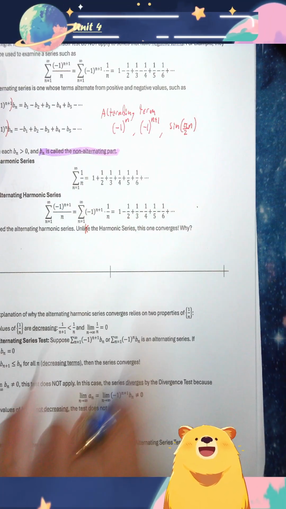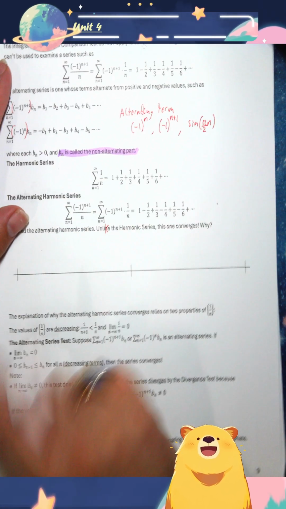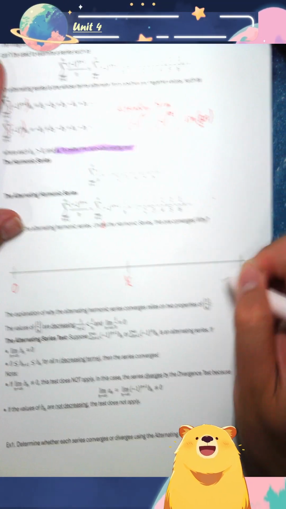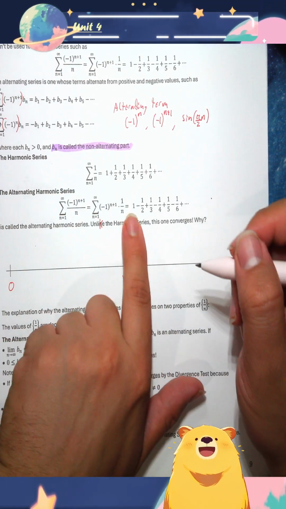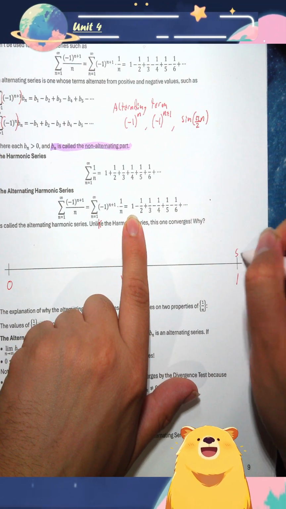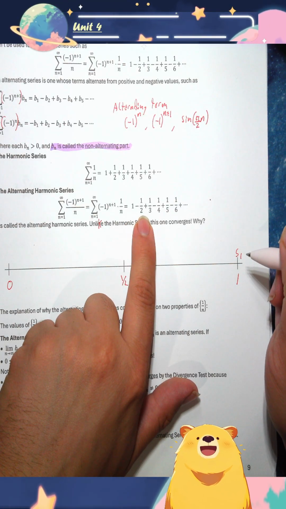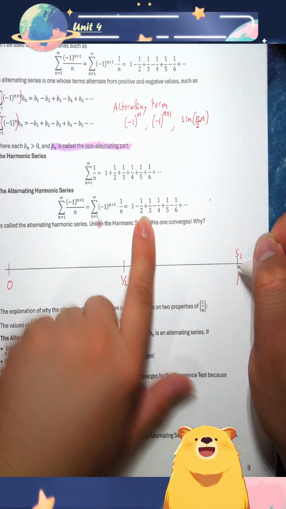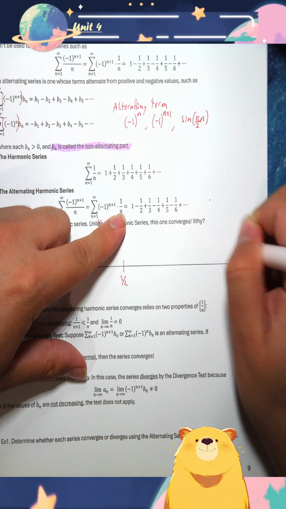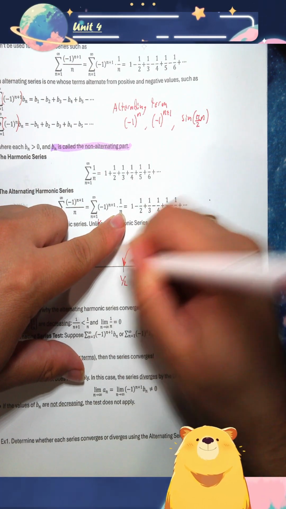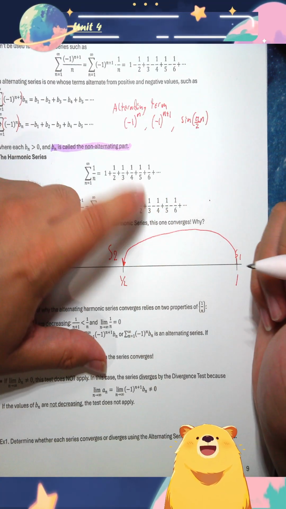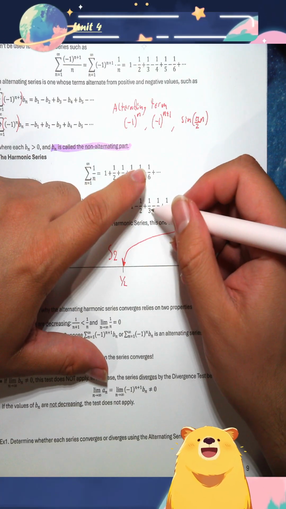Why? Well, let's just pay attention to its sum and make this number line starting from 0, 1/2, and 1. Now, when I do S1, so I'm just adding the first term, it's going to be over here, S1. And then I'm going to go ahead and add the second term. What is S2? Well, that's 1 minus 1/2, so that's just going to be S2. And then I'm adding 1/3.